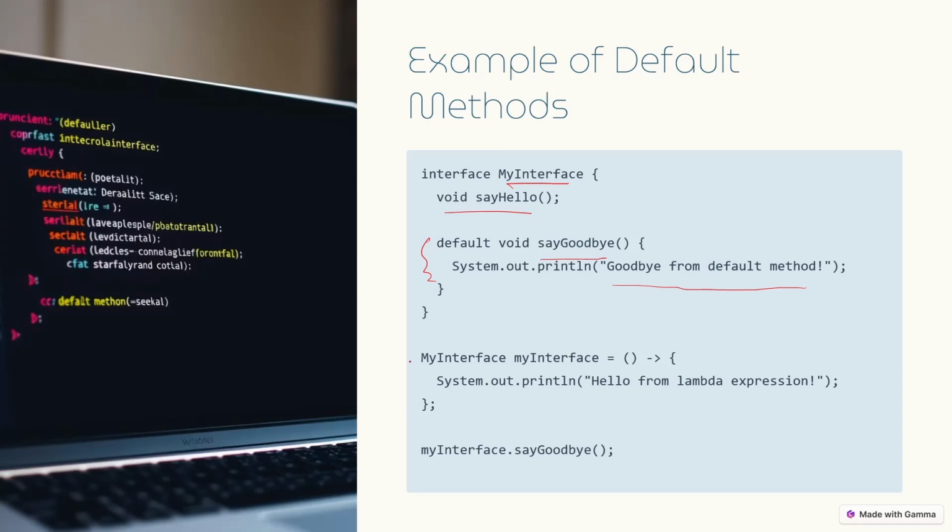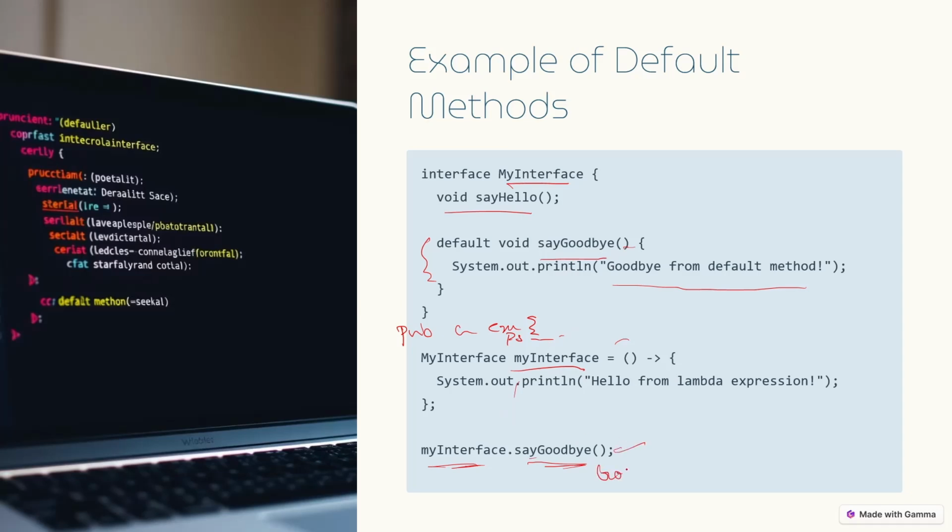So let's see an example. Here I'm taking a public class, some example, with public static void main. Here I'm taking an instance of this and applying the lambda expression for it. Here I'm calling the sayGoodbye method of my interface. It is a default method, and I'm calling it. What will it print here?